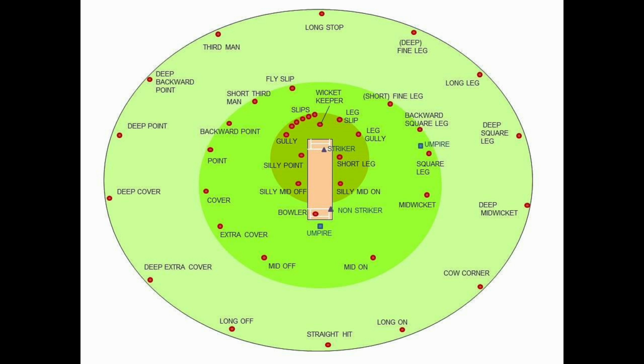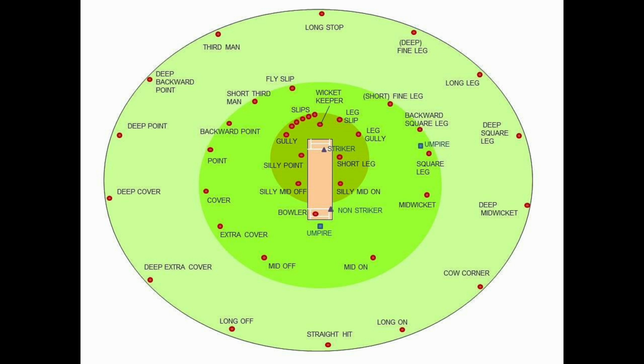And then you have deep backward point and long leg, which I don't know if I've ever heard anyone refer to long leg. I often hear deep backward square leg, which again is confusing if you've never heard that before. Oh, he hits the ball, oh, so-and-so's fielding at deep backward square leg. It's like, what? But if you know where square leg is, and you know where backward is, and you know where deep is, it's like, oh, I know where that is.